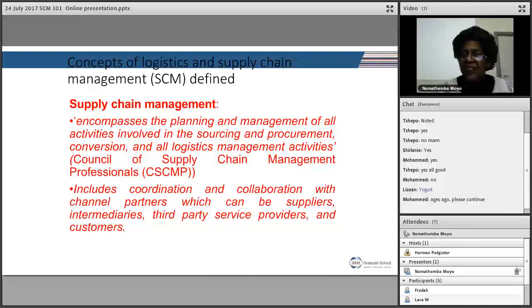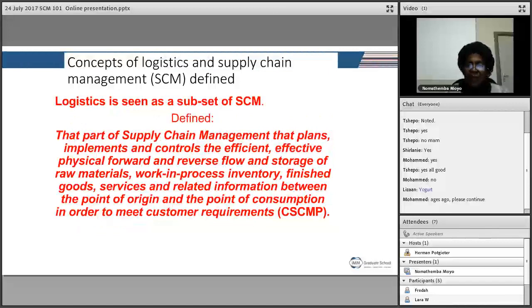When we talk about conversion, it is changing the raw materials into finished goods, and all logistics management activities. This is a definition by the Council of Supply Chain Management Professionals. Supply chain management includes coordination and collaboration with channel partners, which can be suppliers, intermediaries, third-party service providers, and customers.